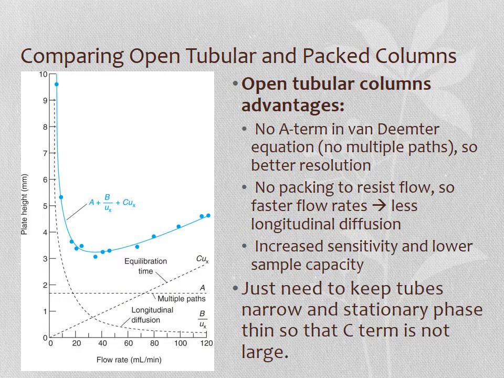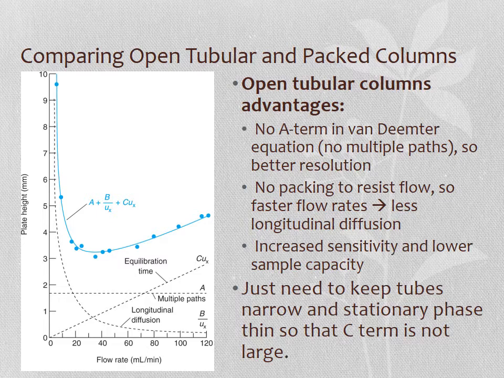So to compare open tubular and packed columns again, the open tubular columns have no A term. That A term is 0 because there's no multiple paths, so you get better resolution. Also because there's no packing to resist the flow, you get faster flow rates, and therefore you typically can work with less longitudinal diffusion. The open tubular also lets you have increased sensitivity, so smaller quantities, but smaller quantities of molecule also means lower capacity.